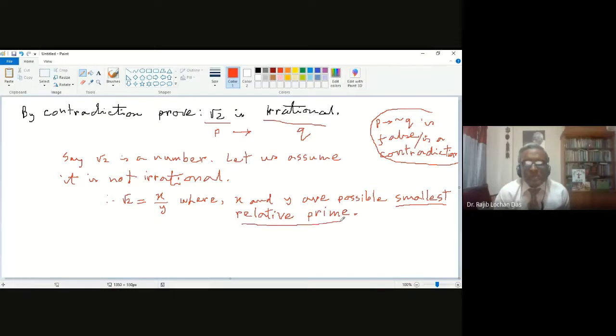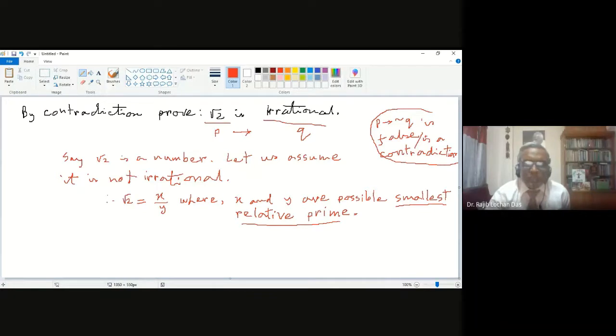So what is relative prime? Relative prime means they will not have any common factor. No common factor means you cannot do any more cancellation. Cancellation means you cannot cut by 2, cut by 5, cut by 3, something like that.